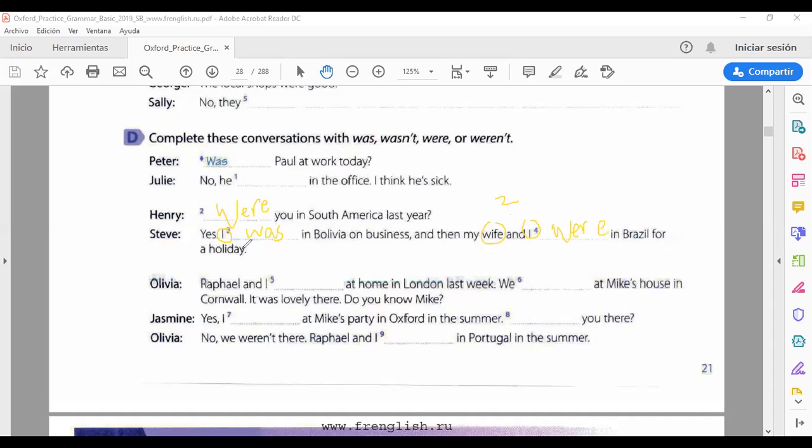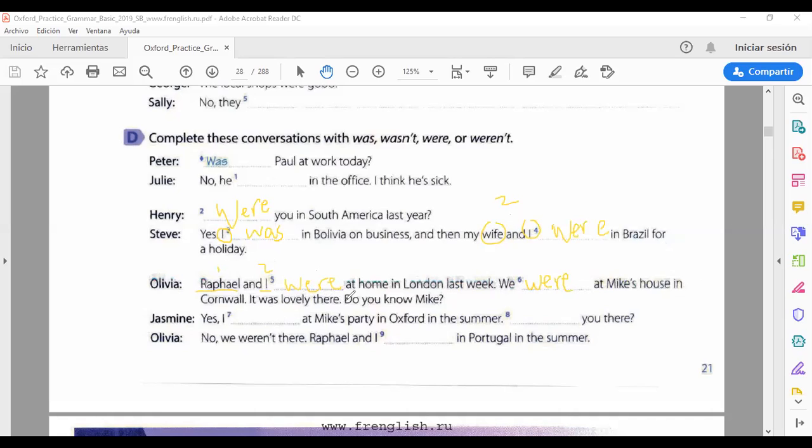In Brazil for a holiday. Now, Rafael and I, plural form, two people, one and two. Rafael and I were at home in London last week. We were at Mike's house in Cornwall.